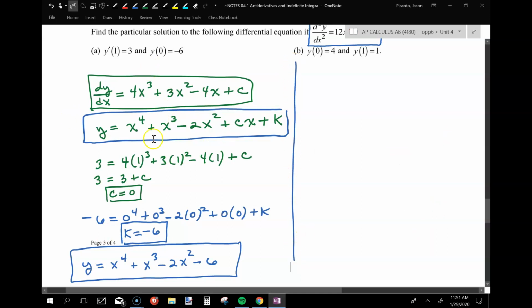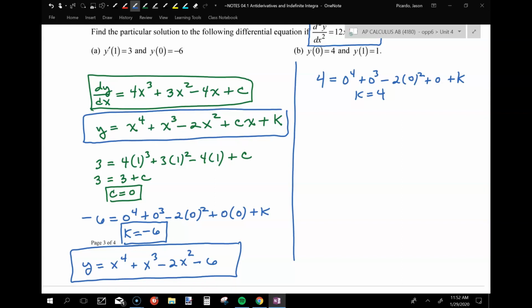All right, except we already know that these two things are what we're using for this piece as well. All right, so when I plug in 0, I get 4. So if that's the case, what's my value of k, right?